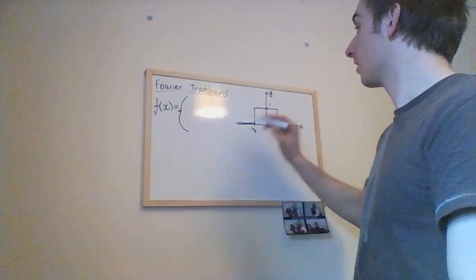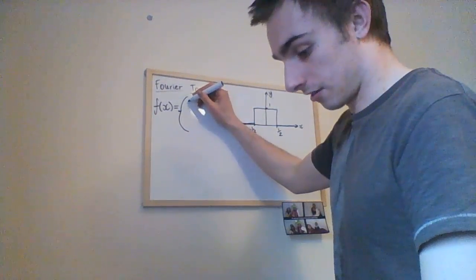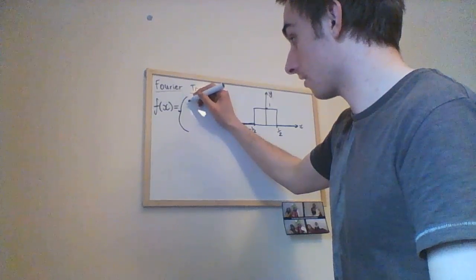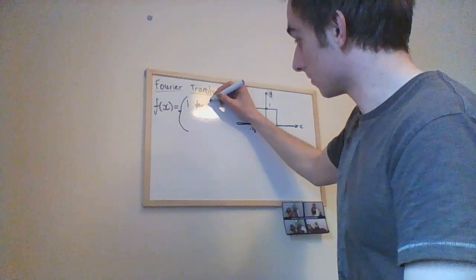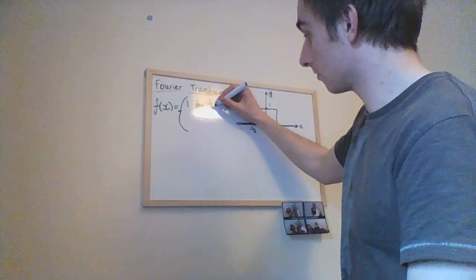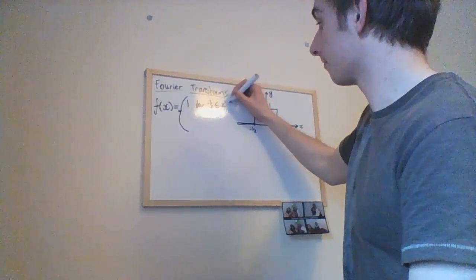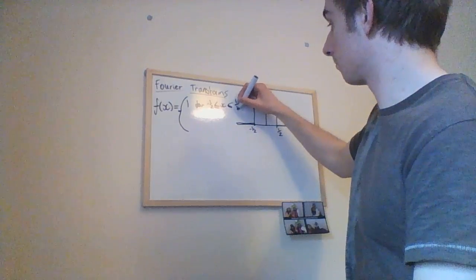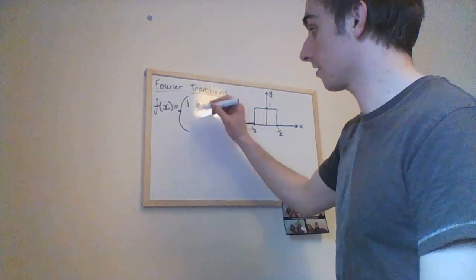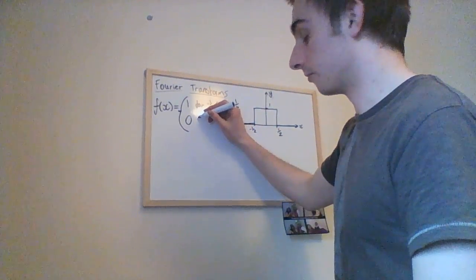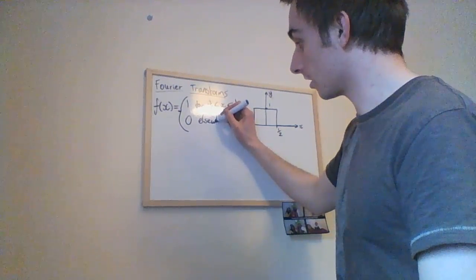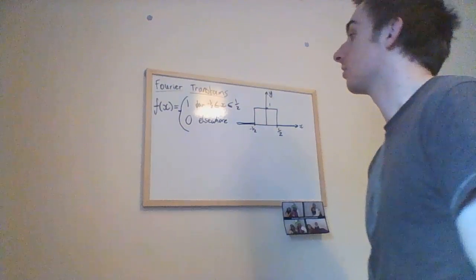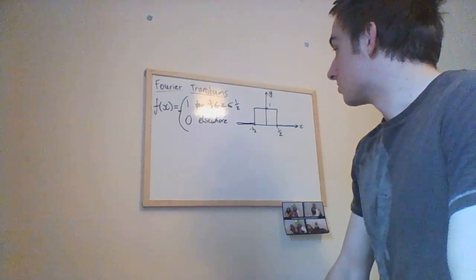So f of x is 1 for the interval between minus 1/2 and 1/2, and it's 0 elsewhere. So this is our function.